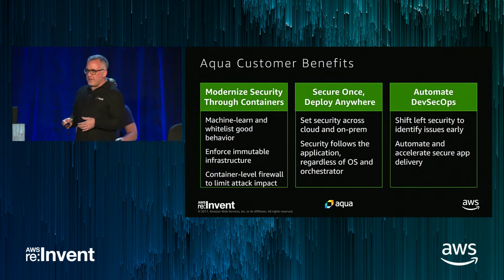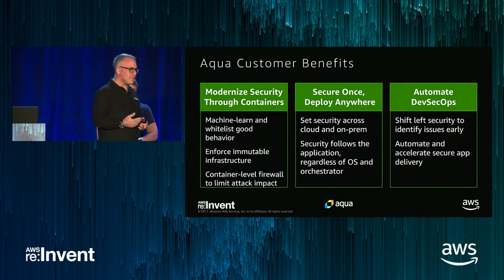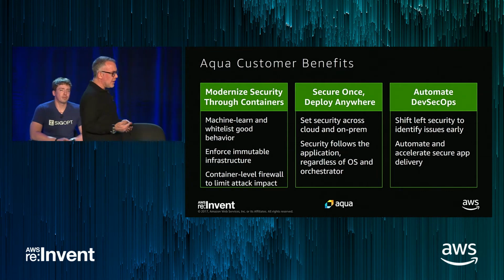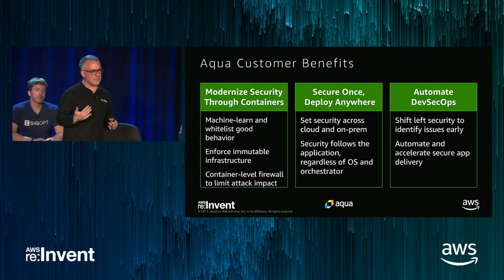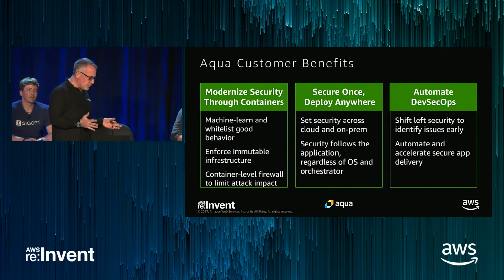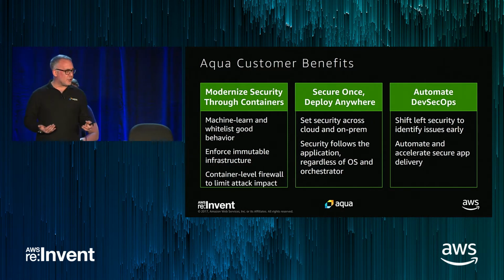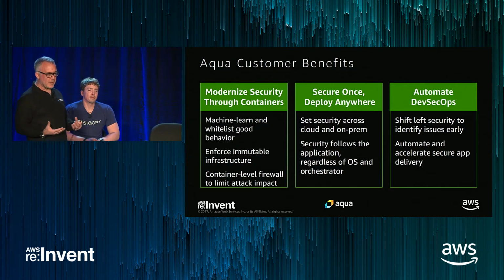Where do we see the customers' benefits from all of this? The first one is simplicity. There's no more transporting containers across different environments in the cloud. Containers today, in the way they move, are not very secure. If somebody captures a container, they don't have disk encryption and the like.